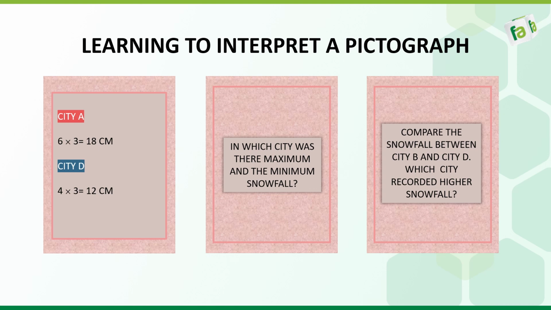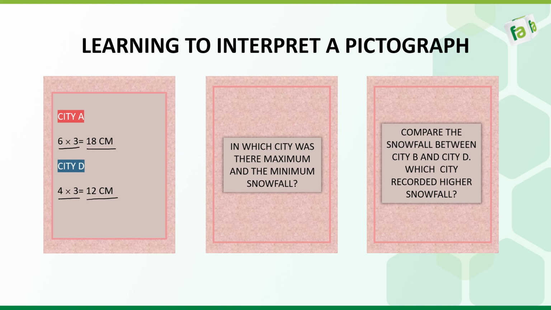So, the answer is 6 multiplied by 3, which is equal to 18 centimeters. Snowfall in city D is 4 multiplied by 3, which is equal to 12 centimeters.